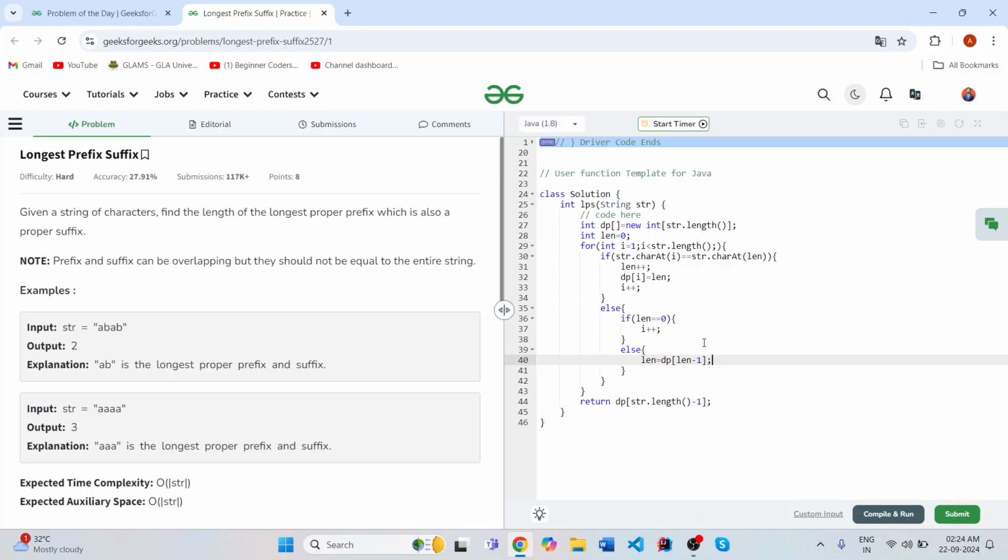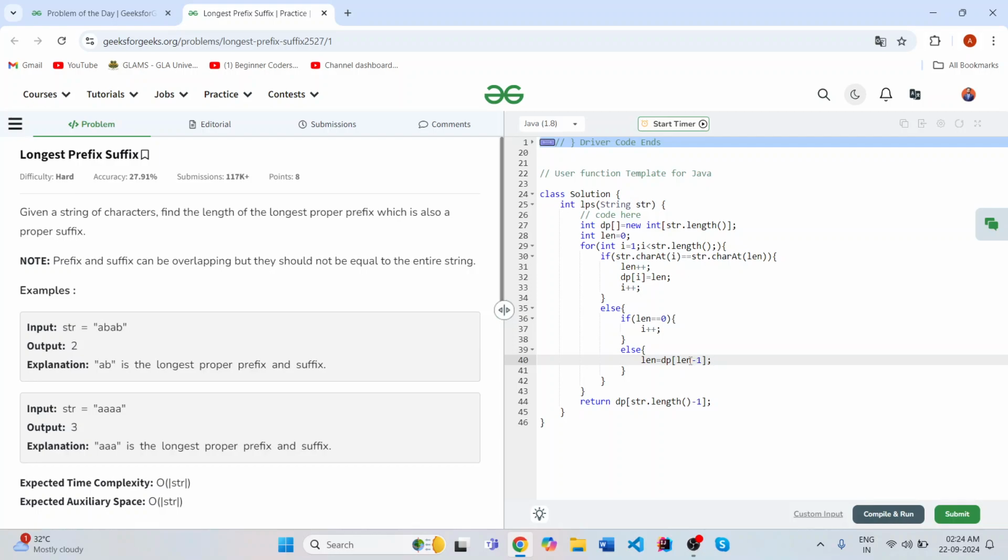If it is matching, then we shall move ahead. Otherwise we shall again come to this step and find out for length minus 1 what is the longest prefix suffix. So this is how we know how many characters we can skip, because those prefix characters are already equal to suffix.